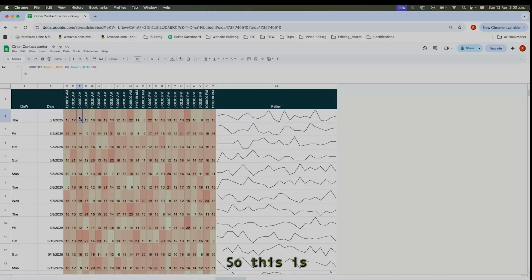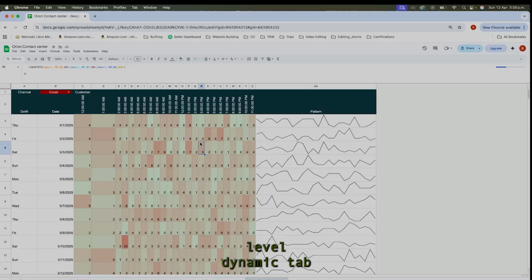So this is the amount of interactions per interval, but it doesn't contain the granularity at the channel level. So if we want to add an extra layer of information and make this dynamic, we move into the interval level dynamic tab, where we can filter by channel. For example, here we see that we didn't get any emails between 8 to 9 p.m. on May 1st.